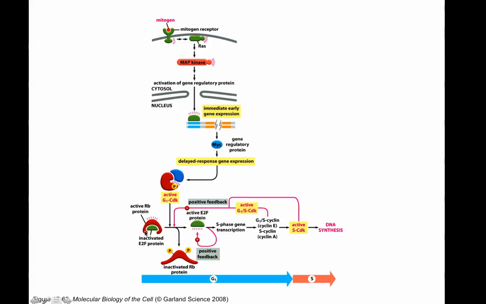And so what RB does is, as the signal comes through for cells to start to replicate their DNA and start to divide, part of this cell signaling is actually to inactivate this RB protein. Once RB is inactivated, that frees this little protein that it has captured. And once that little protein is free, it upregulates genes that push the cell cycle through, and we have DNA synthesis.